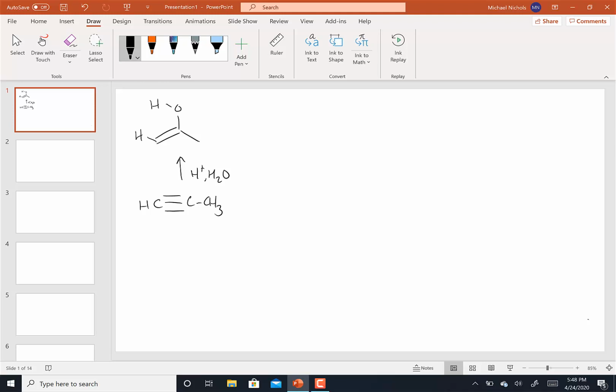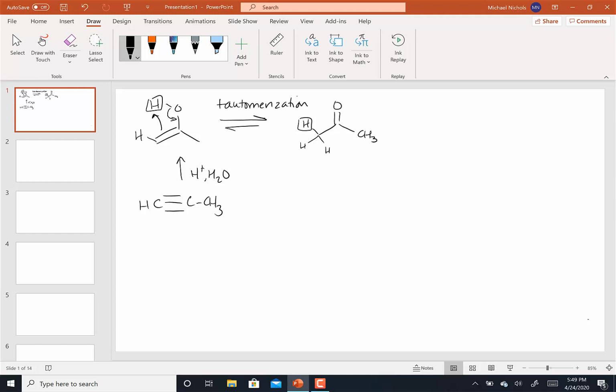But for the most part, enols are unstable, and they undergo a tautomerization equilibrium where we can take the electrons and move them like this, so the hydrogen of the OH ends up being transferred from the O atom down to the carbon, and we end up making the carbonyl, with that H ending up on what would be a CH3, and then there'd be another CH3 over here.